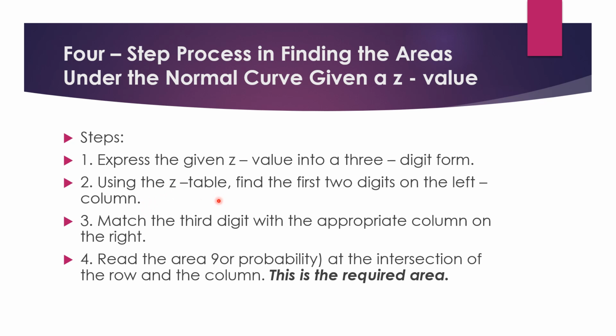Using the z-table, find the first 2 digits on the left column, which are the z-values. Step 3. Match the third digit with the appropriate column on the right side. And step 4. Read the area or probability at the intersection of the row and the column. And this is now the required area.